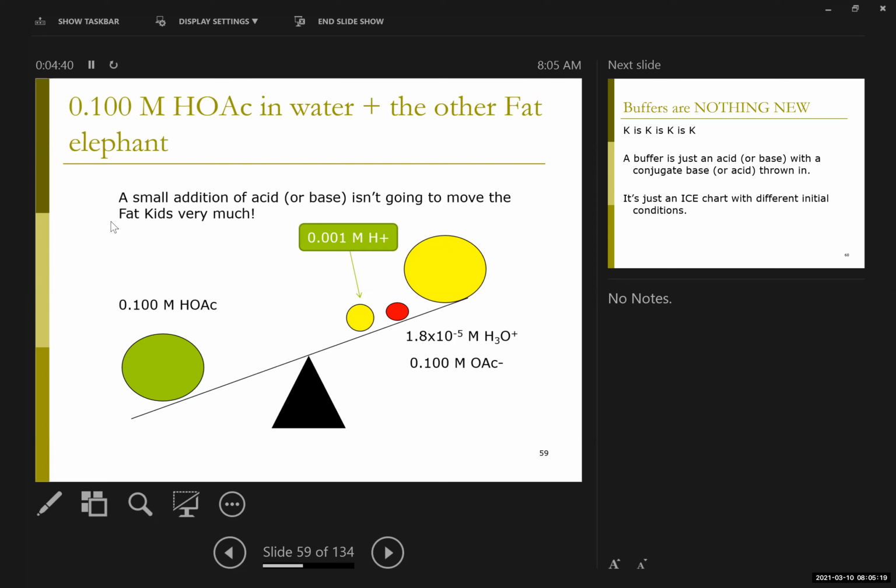It's also useful industrially if I've got a reaction that's pH sensitive. One way to control for that variable is to buffer it so that even if there are other acids and bases involved in the reaction, they can't easily change the pH.